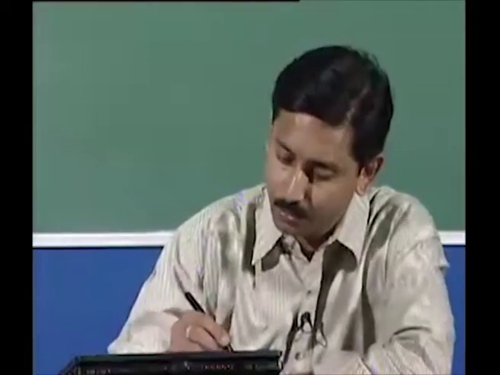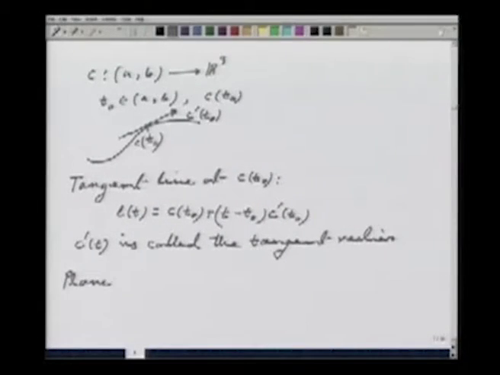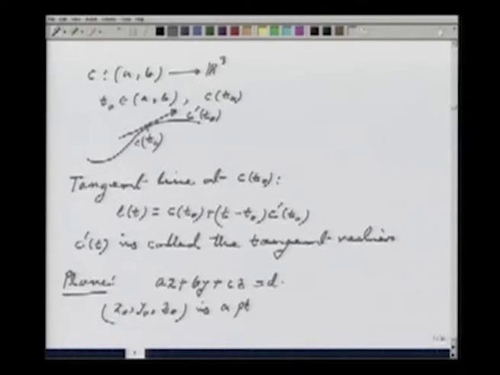So how do we view planes? So what is a plane? We know the usual equation of planes. It is of the form Ax plus By plus Cz equal to D. Let us say x naught, y naught, z naught is a point on the plane.